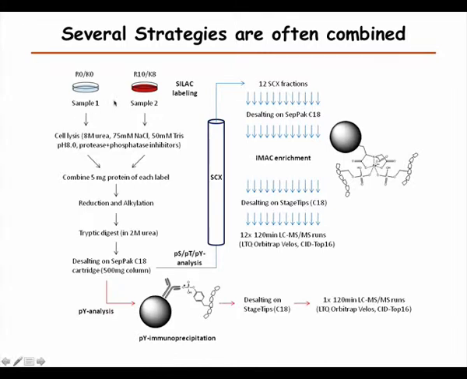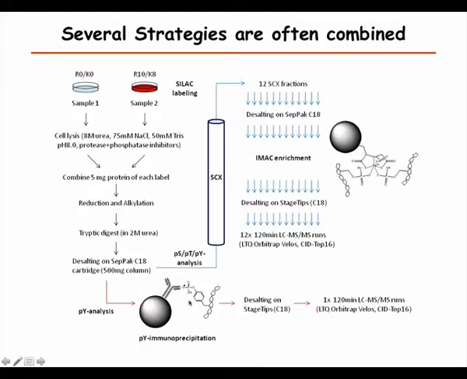So this just showed a SILAC analysis, and here they were interested in tyrosine phosphorylation, and against tyrosine phosphorylation there's actually an antibody that works reasonably well.